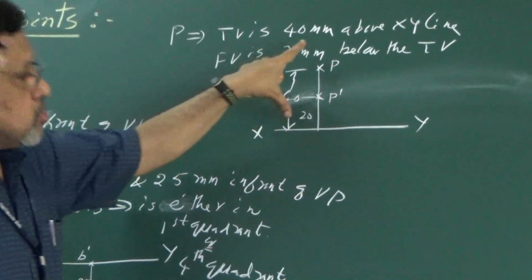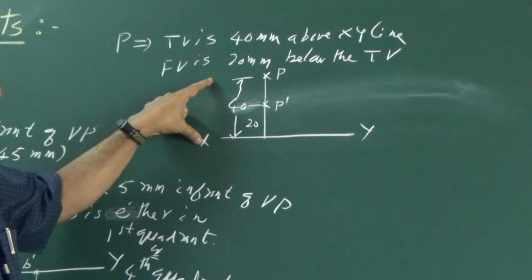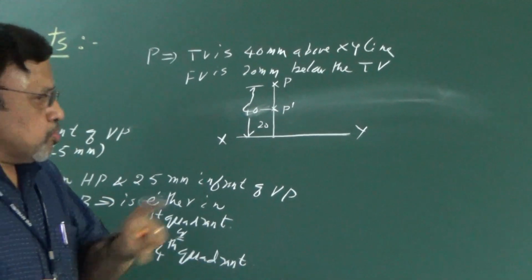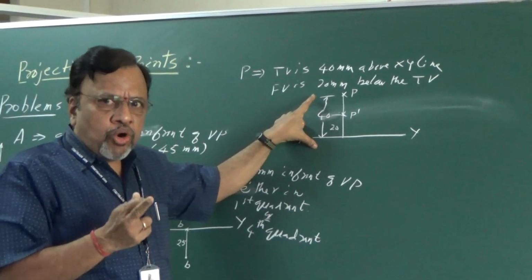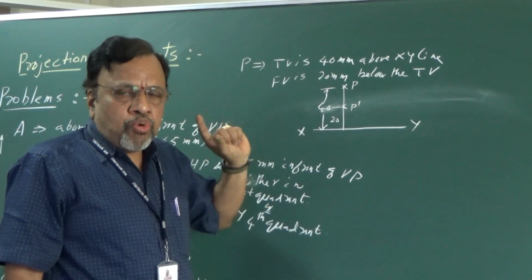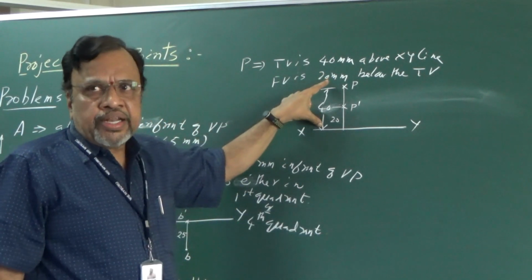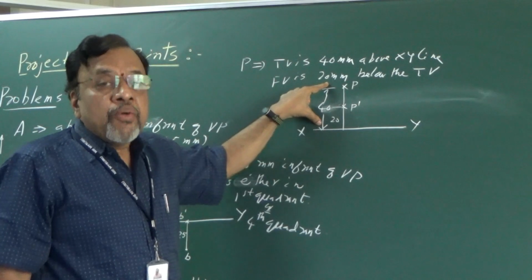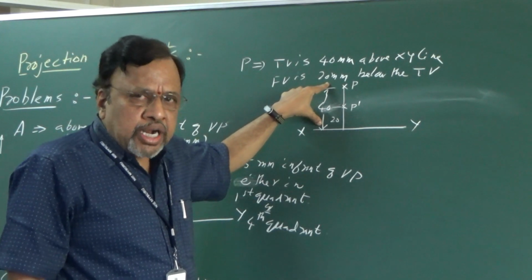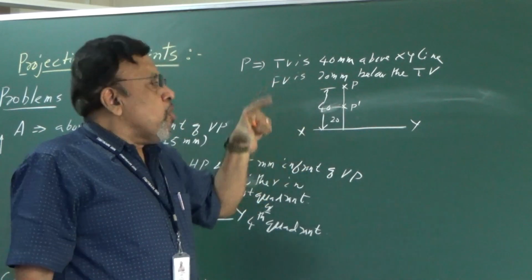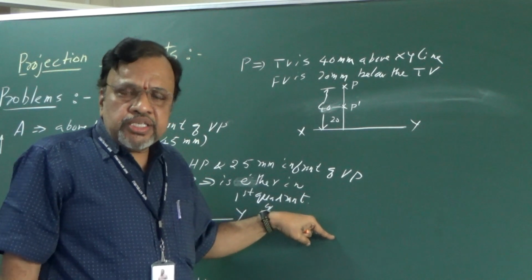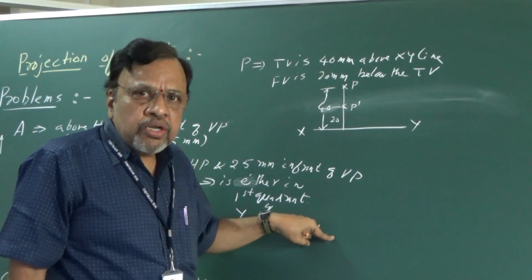Now I want you to say in which quadrant this point is. Just remember what I told you earlier: if both the views are above the XY line, then the point is in the second quadrant. Similarly, if both are below the XY line, then it is in the fourth quadrant.